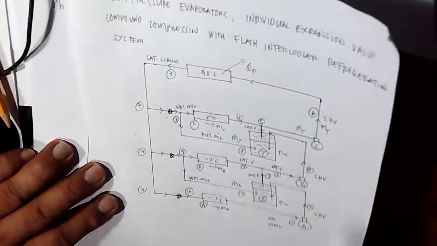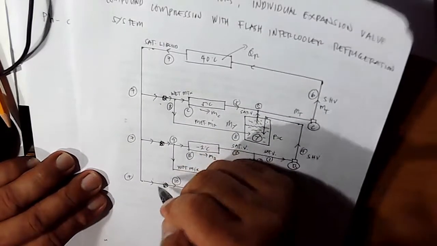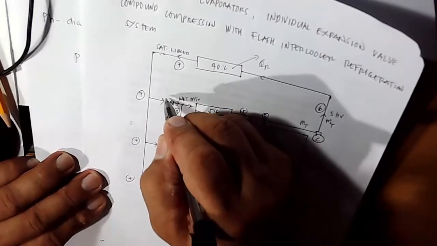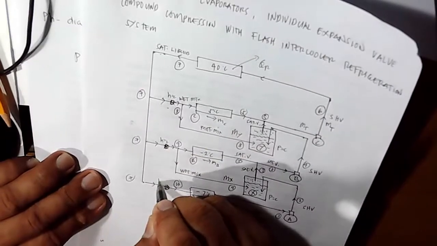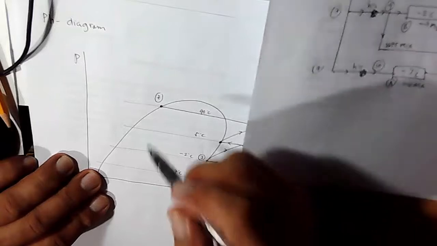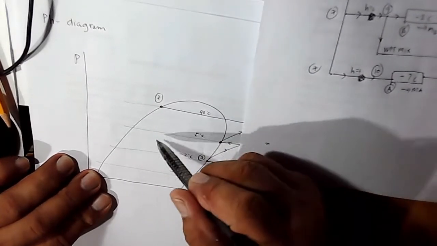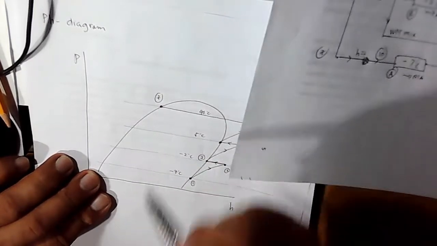Okay, and since we have individual expansion, you have all of this. The expansion device has a constant enthalpy process, or isenthalpic process, or throttling process. You just draw a line vertically downward until it crosses the pressures corresponding to your evaporators, 5, -2, and -7.